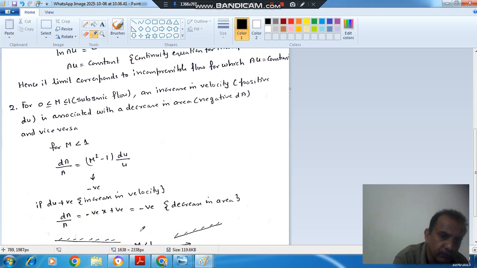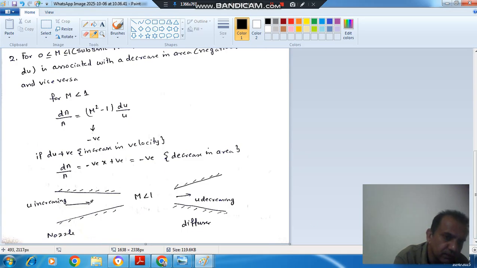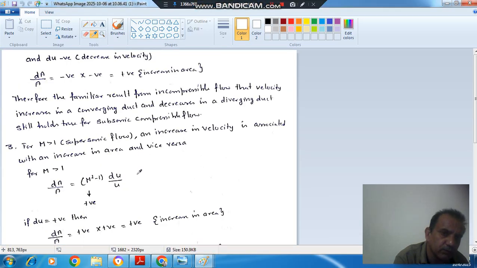So here also, if U is increasing, area is decreasing. If U is decreasing, area is increasing. So this is similar to incompressible flow. Therefore, the familiar results from incompressible flow, that velocity increases in a converging duct and decreases in a diverging duct, still hold true for subsonic compressible flow. So for subsonic compressible flow and for incompressible flow, the duct will be of the same kind.